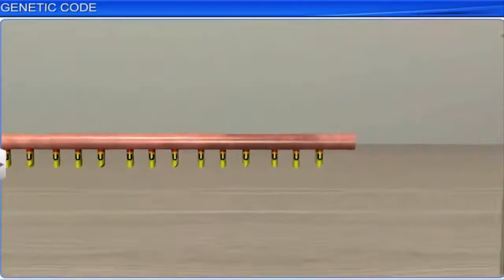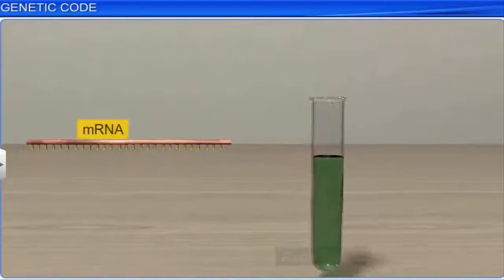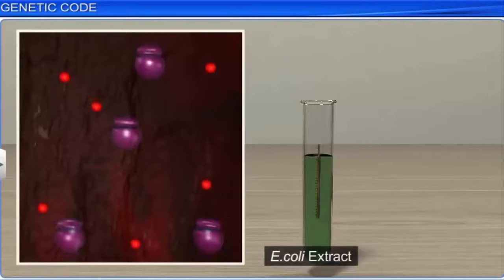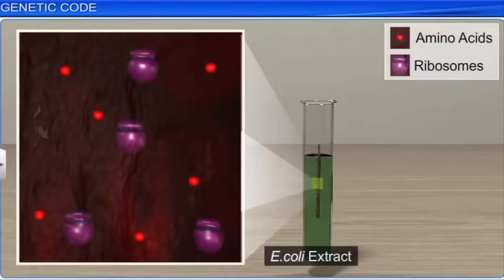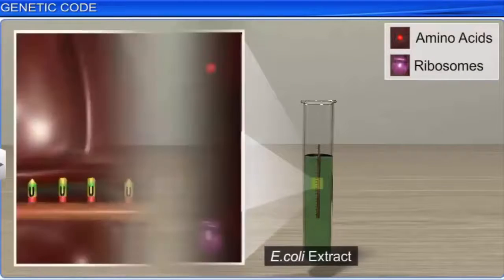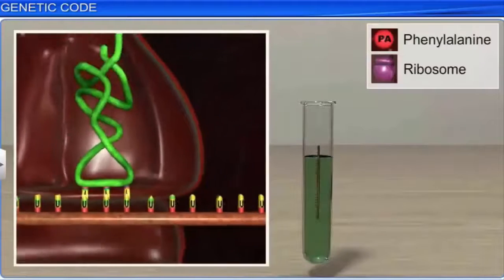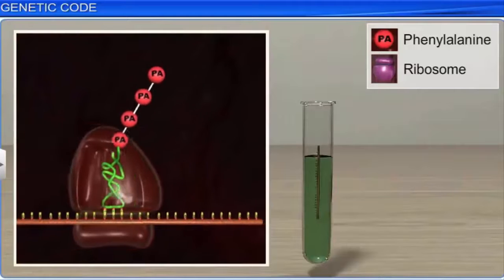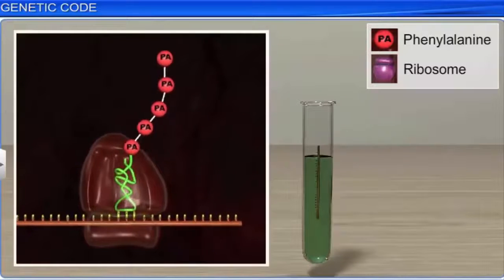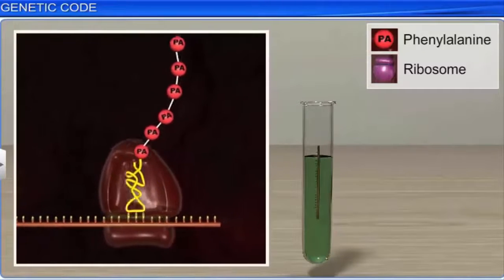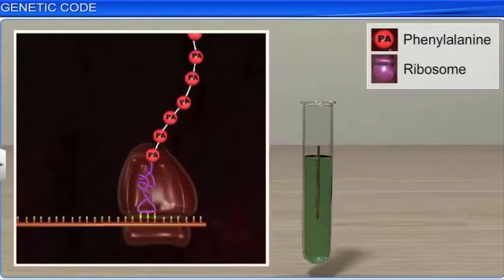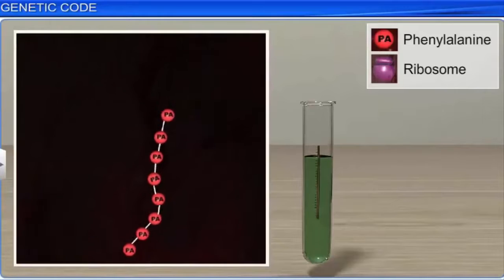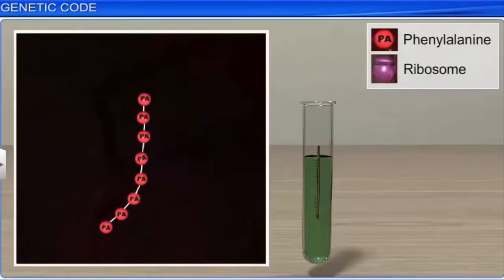The scientists then added artificially synthesized mRNA consisting of only one base, uracil, in the free cell system. The E. coli extract in the free cell system was now able to produce a protein chain made of one repeating amino acid, phenylalanine, with the help of the Severo-Ochoa enzyme called polynucleotide phosphorylase that was present in the extract.